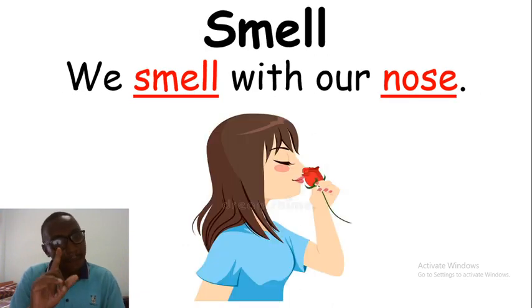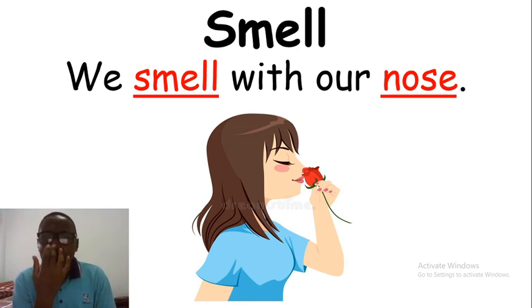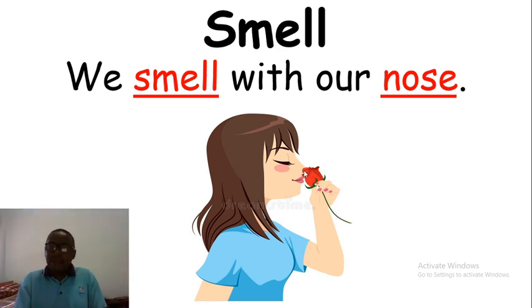Next is smell. You can smell a bad smell with your nose. So we smell with our nose. Our nose is the one that helps us to smell. For example, she is smelling a flower with a nose.